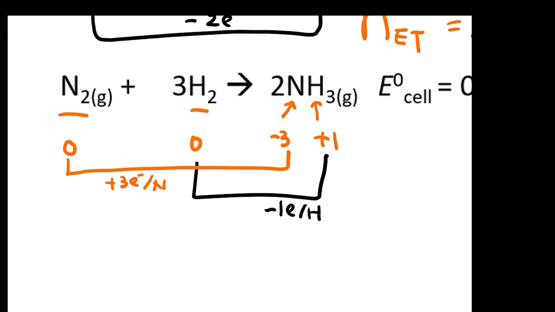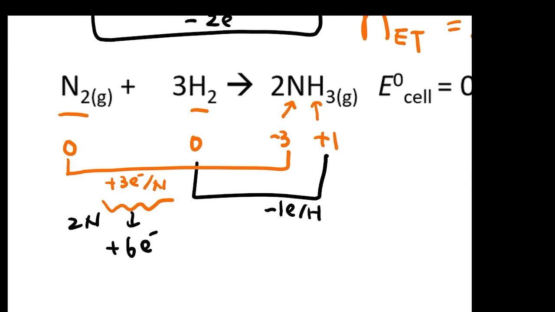Now you need to ask yourself, how many nitrogens and how many hydrogens do I have? How many nitrogens? 2. Therefore, for your GER, since you have 2 nitrogens, you need to gain 6 electrons in total.